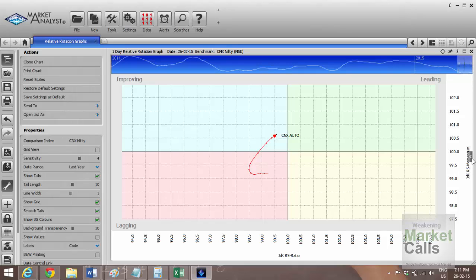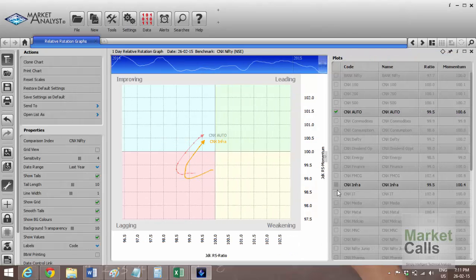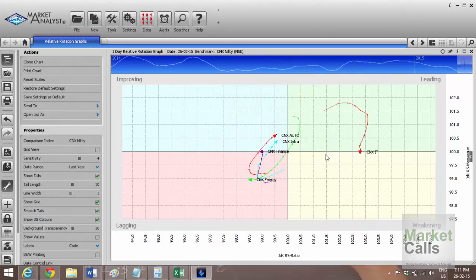Let's see, I'll try to add three more sectors, something random like CNX IT, CNX Infra, CNX Finance, and CNX Energy. You can see the CNX IT pack is moving from leading to weakening. Probably it might underperform Nifty heavily.